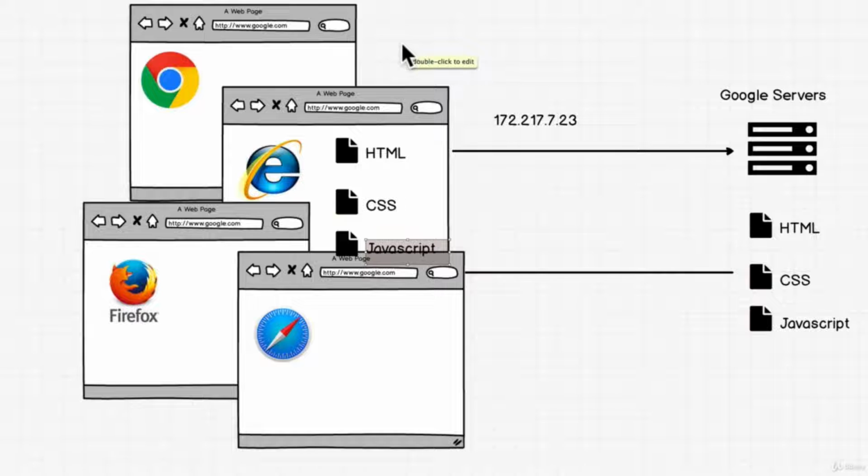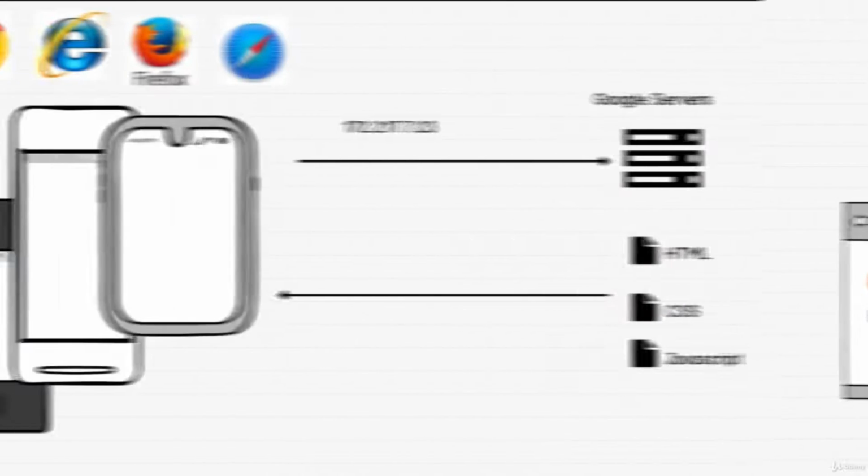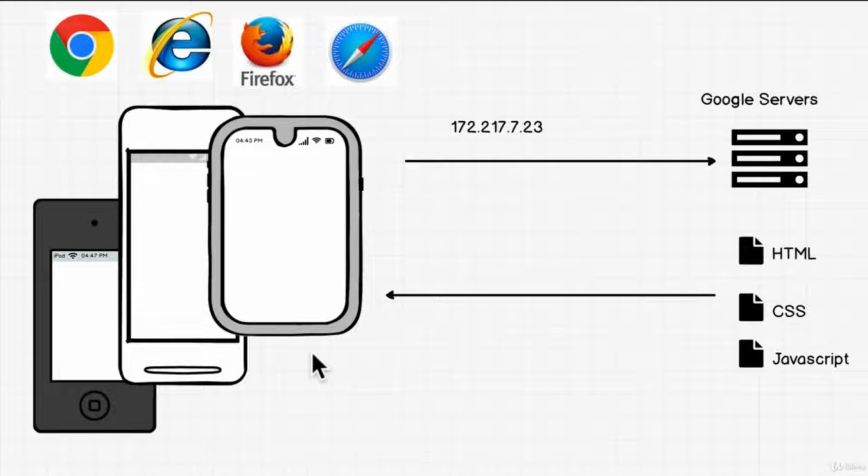But you'll always encounter this problem where we want to make sure that wherever your website gets rendered, anybody can see it. And not only that, we also have mobile phones now that access the internet. We have iPads. So now, not only do we have to worry about different browsers and whether they agree on what code works in each of these files, we also have to make sure that our websites look good on small screens, on big screens, on all sorts of different screens.